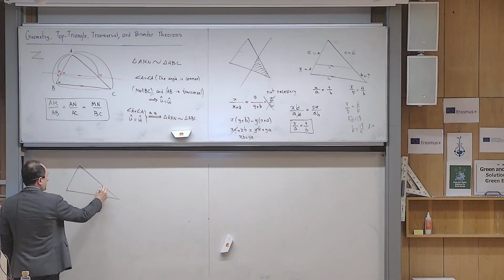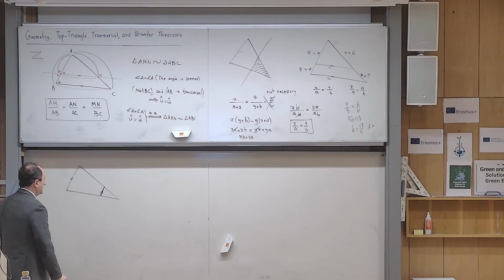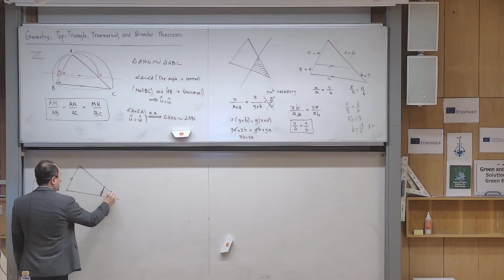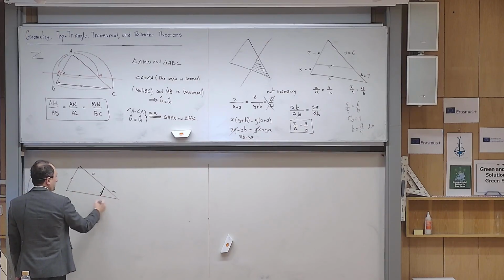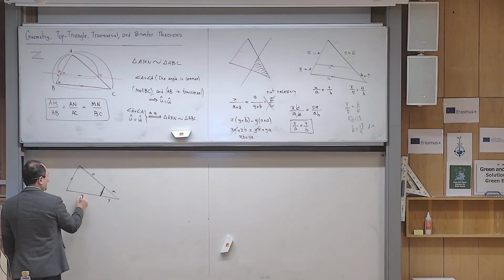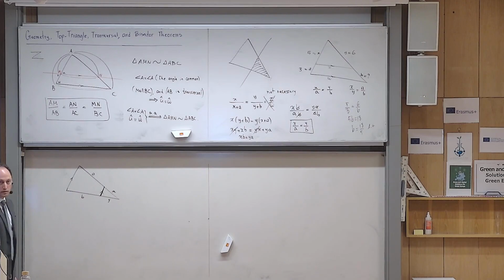So let us say that this line is parallel to that. Now if I write this x, and from here to here a, and from here to here y, from here to here b, what can I write again?